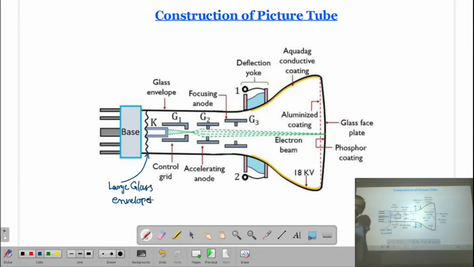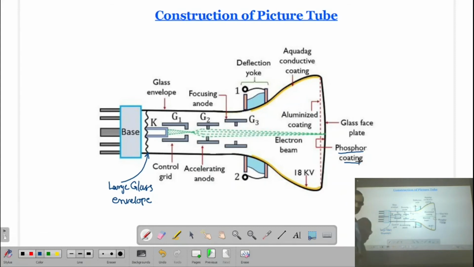The size of the screen is very large compared to the camera tube. Here the screen is made up of some phosphorus material. No doubt there will be a glass coating, and inside the glass there will be a coating of a phosphorus material.